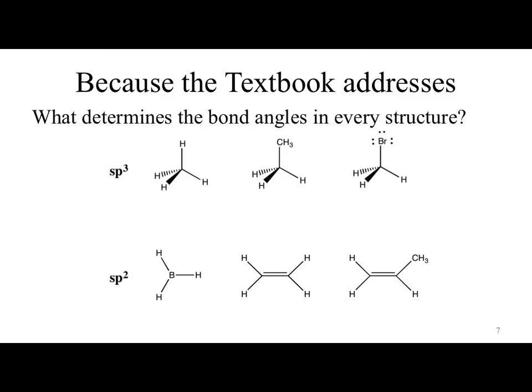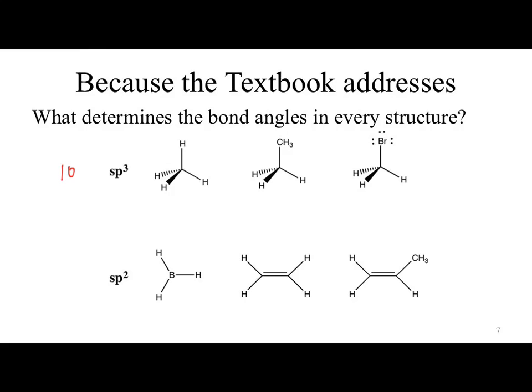Okay. The textbook does address this, so I kind of want to address it really quickly. What's the hybridization for each of these? Top three. Our central carbon has 4 electron groups. We're looking at sp3 hybridization. What bond angle do we get if we have an sp3 hybrid?